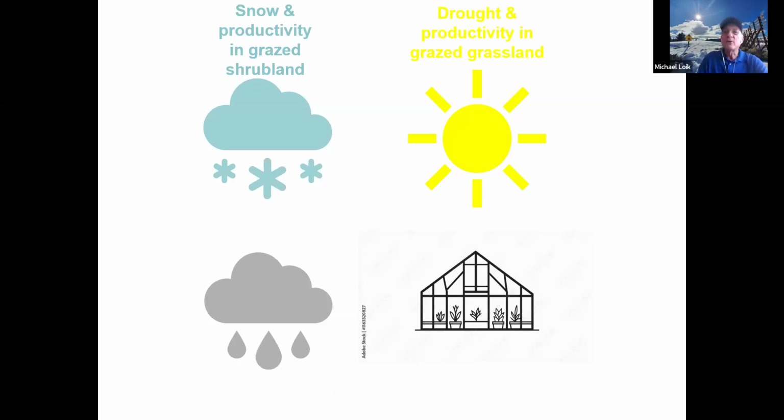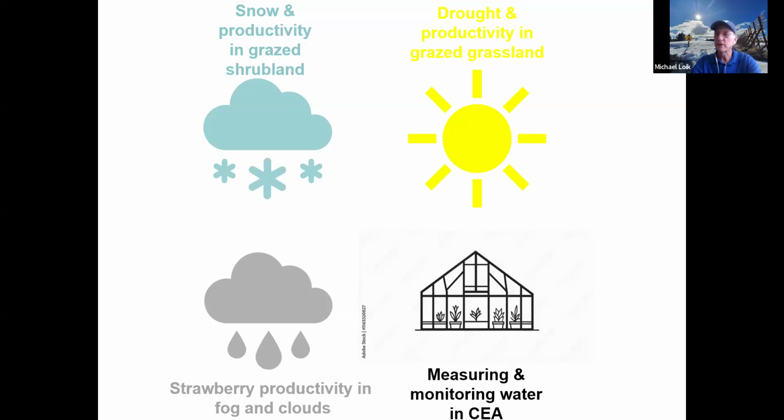And I will also next talk about drought and productivity in grazed grasslands in coastal California. In the lower left, I will talk about strawberry productivity under fog and clouds in coastal agriculture in the Salinas Valley near the Pacific coast, and then finish up talking about measuring and monitoring water in controlled environment agriculture.